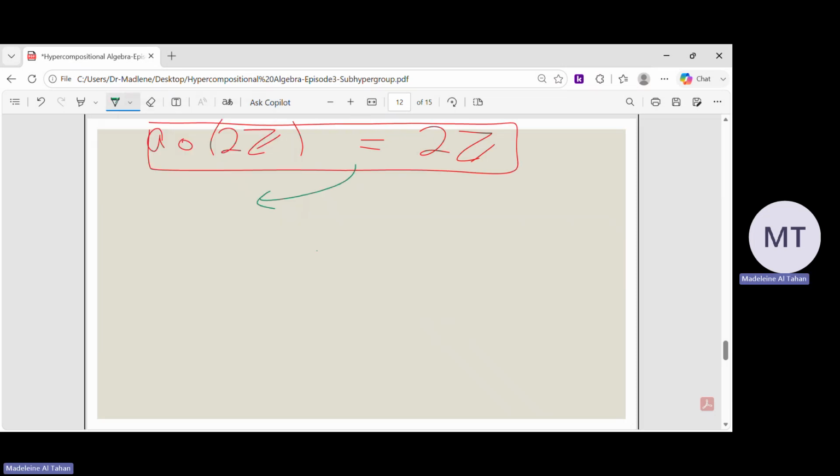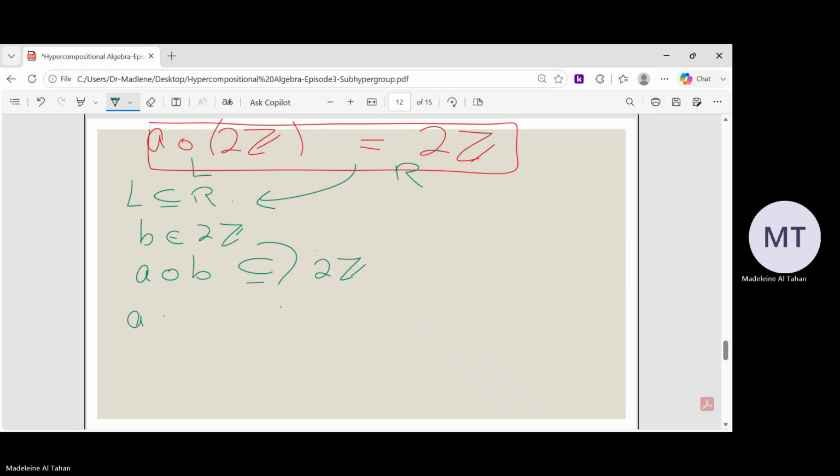In order to show it, we need to show that the left is a subset of the right and the right is a subset of the left. So let's start with the left subset of the right. We'll take B in 2Z, and our aim is to show that A round B is a subset of 2Z. Now, what's A round B?